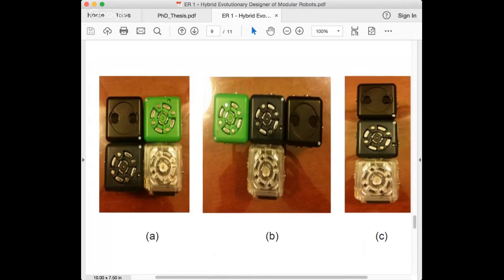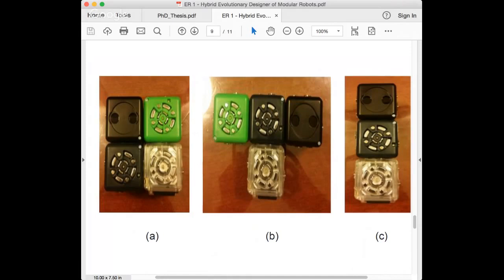I'll ask the question again. Which one of the three robots, A, B, or C, do you think gave the best fitness value? Anton said B. Okay. The question again.